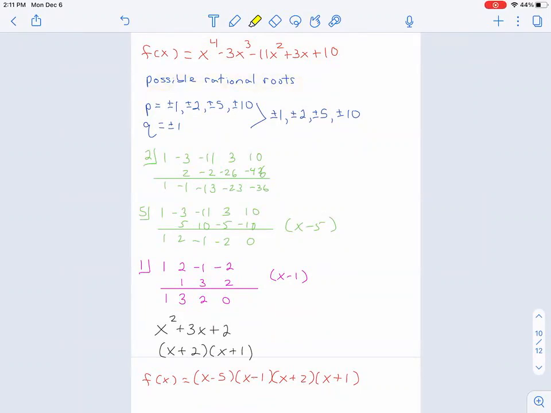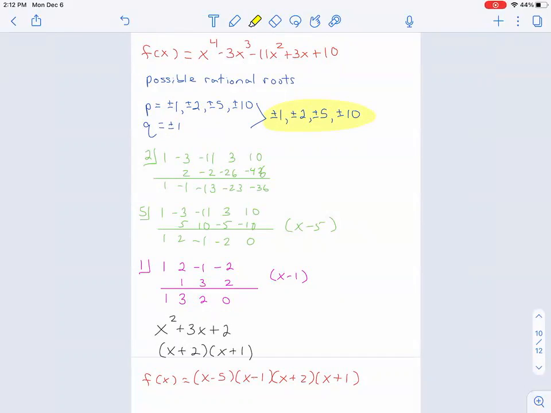My p values are factors of the last term, the constant. My q values are factors of the leading coefficient. And p over q is my list of possible rational roots.